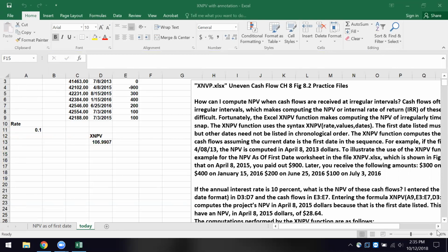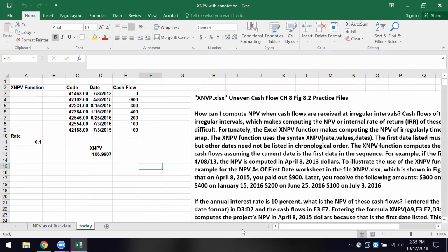And notice we start off, and let's kind of set this thing up. And here's the code. This is the date code. We're using the codes for dates so we can figure out the amount of time between one date and another. That's all we're doing.